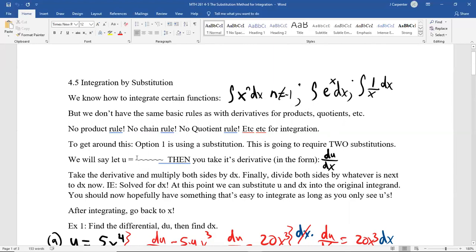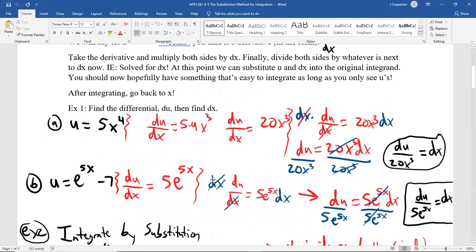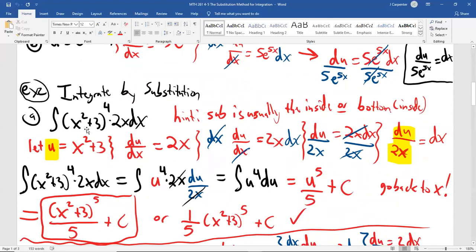So the two things you need to have are a u equals and a dx equals. You plug those two into your original integrand, your original integration. And if everything works appropriately, if you did the right substitution and substitution was the appropriate technique, you will notice that all the x's go away. You may be stuck with an extra ugly constant, but these things boil down to something much simpler, like this ugly integral turned into the integral of u to the 4th.